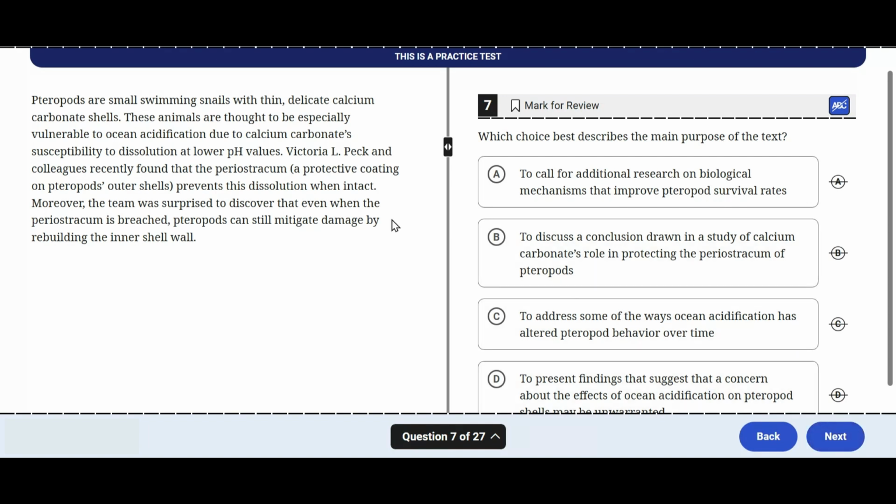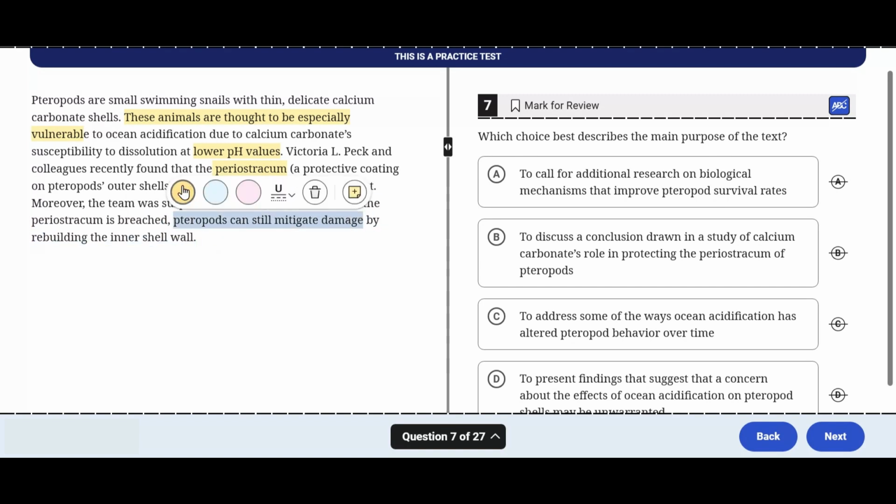Okay, so it's basically telling you these pteropods are very vulnerable and their shells can dissolve in lower pH values. But what they've discovered is that there's a protective coating called periostracum, and even when that gets dissolved, pteropods can still mitigate the damage.